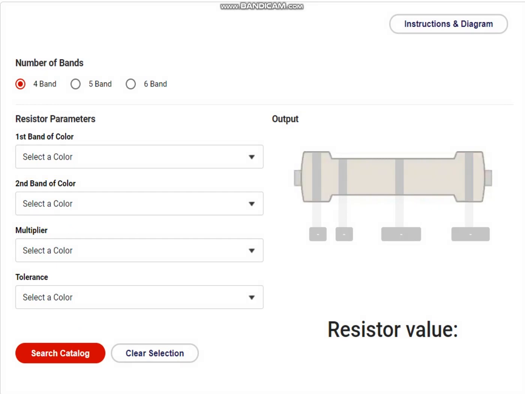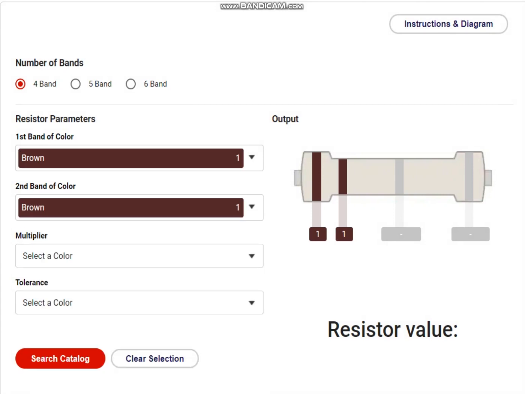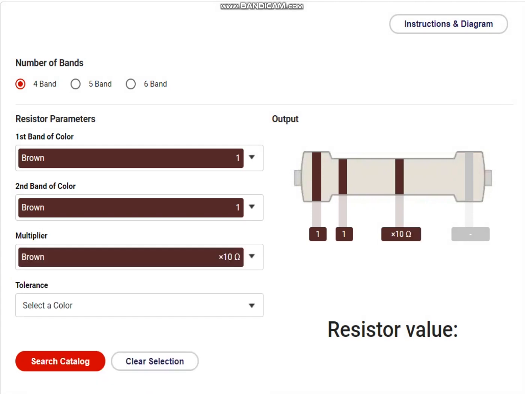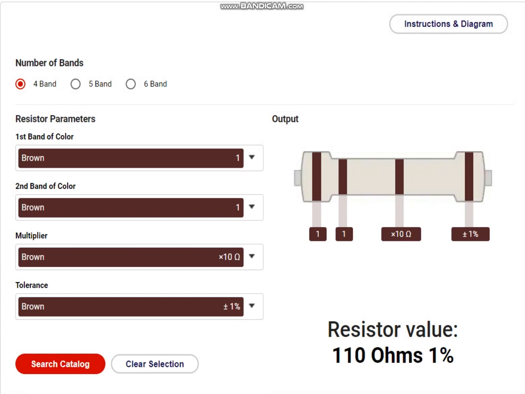I am choosing brown each time for simple calculation and to see the difference in value for all bands. Then choose the second color band, brown again. Then the third color band, again brown. Then the fourth color band, again brown.